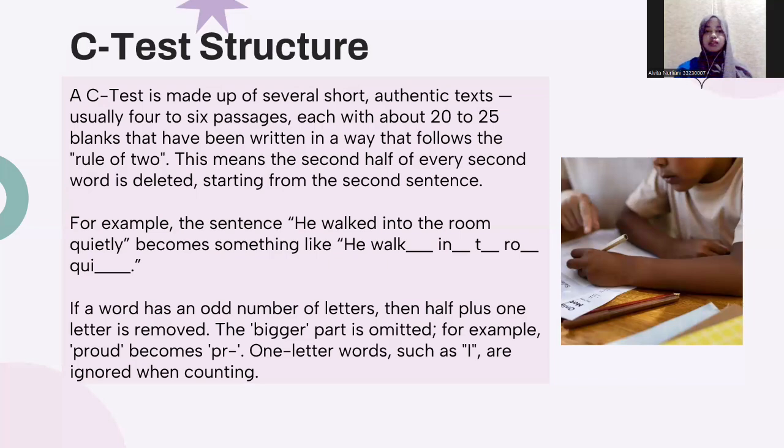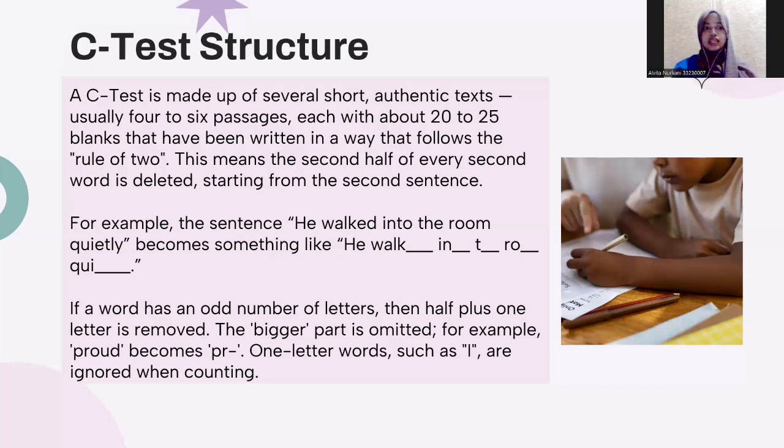I have an example of this sentence: he walked into the room. If we put it in the C-test structure, it becomes something like he walked into the ro_ _. And the students have to put the right answer in the blank forms.